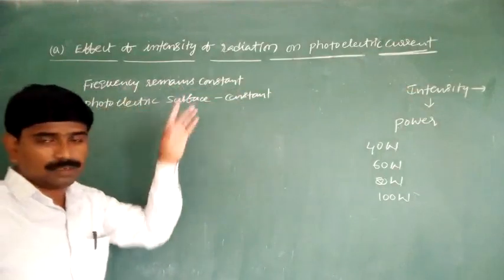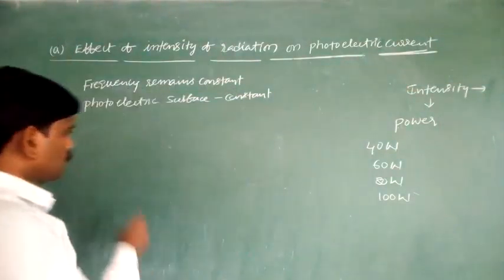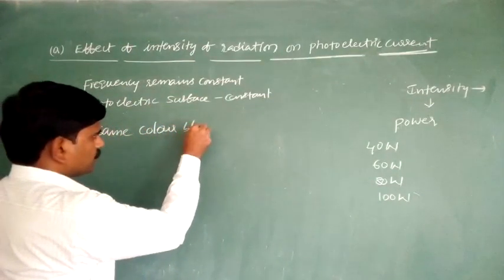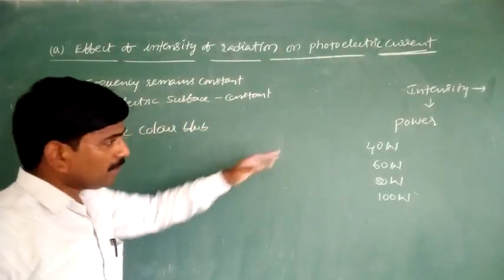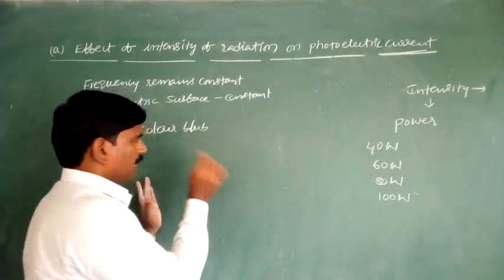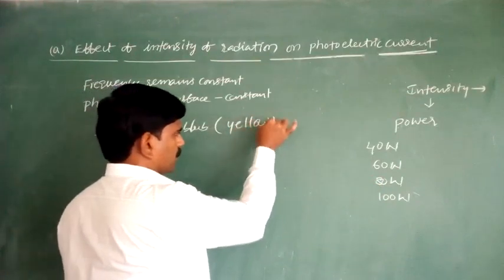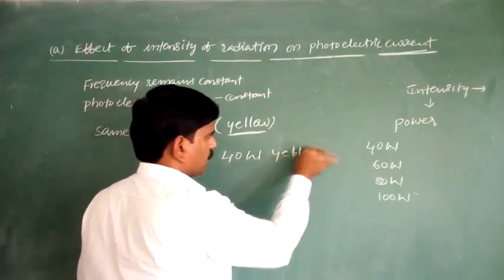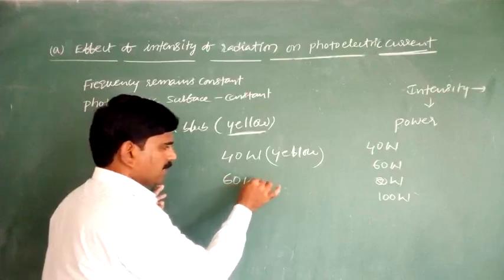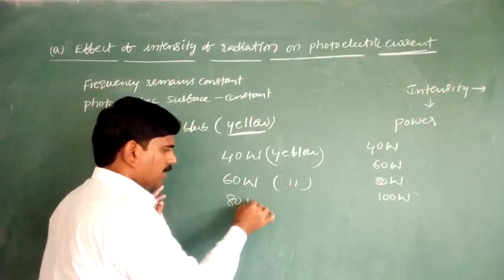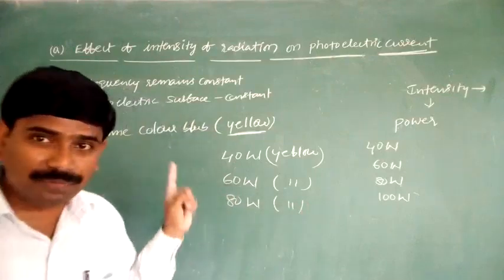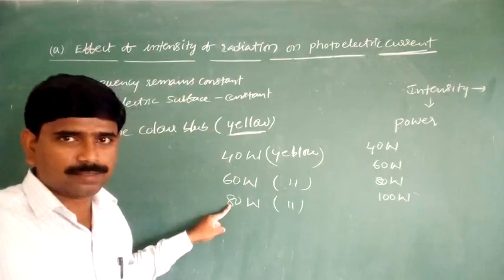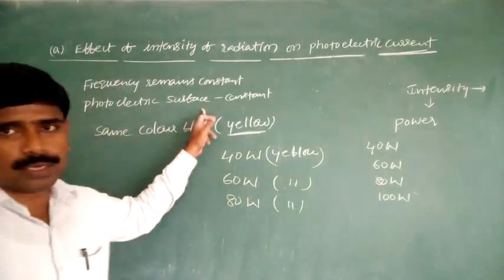Frequency remains constant means we are using the same color bulb, but the intensities change. Say a 40 watt yellow bulb, next a 60 watt yellow bulb, then an 80 watt yellow bulb. All have the same frequency, but the intensity increases. The photoelectric metal is also the same.